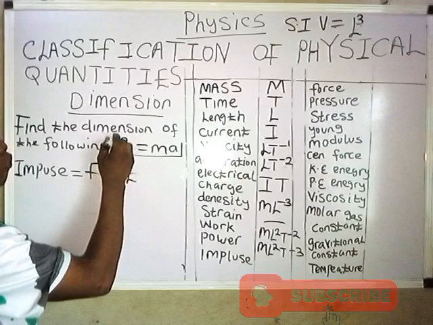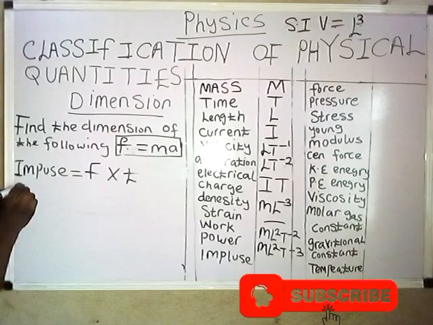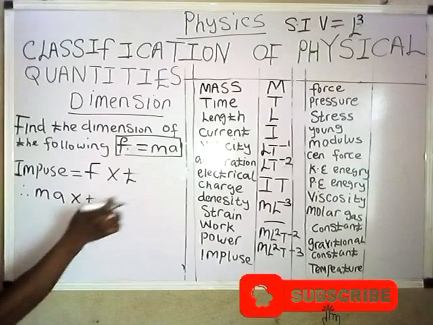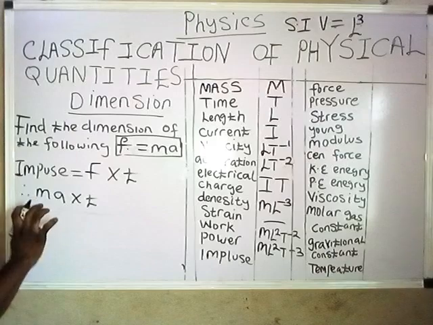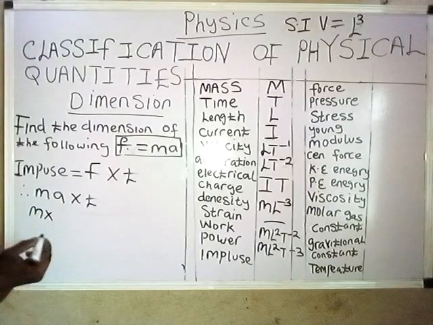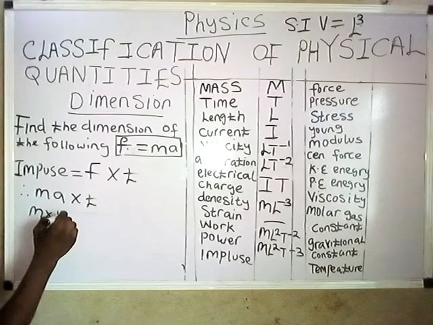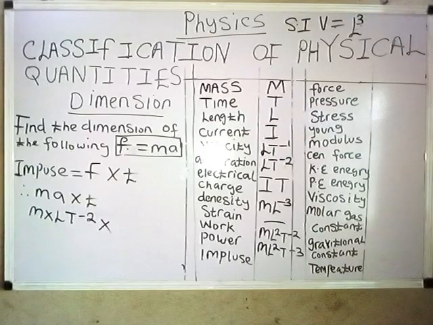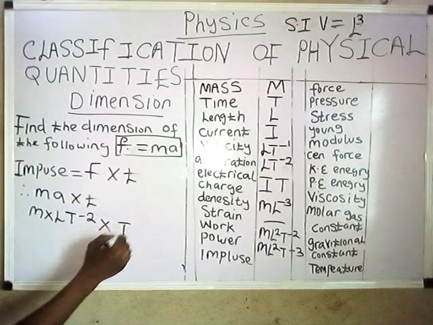The dimension for mass is M, times the dimension for acceleration, given earlier as L T raised to power minus 2, times T, the dimension for time.